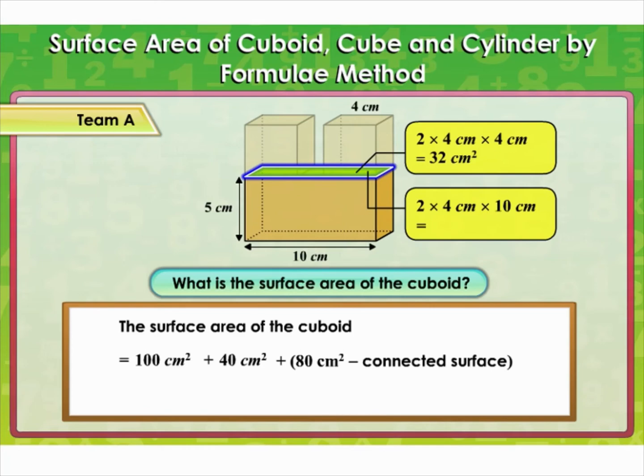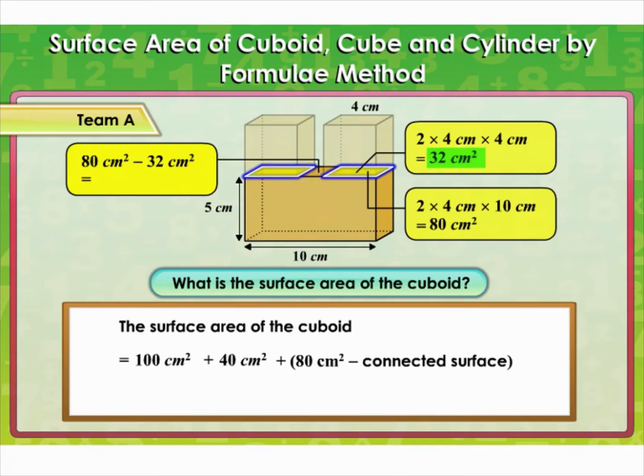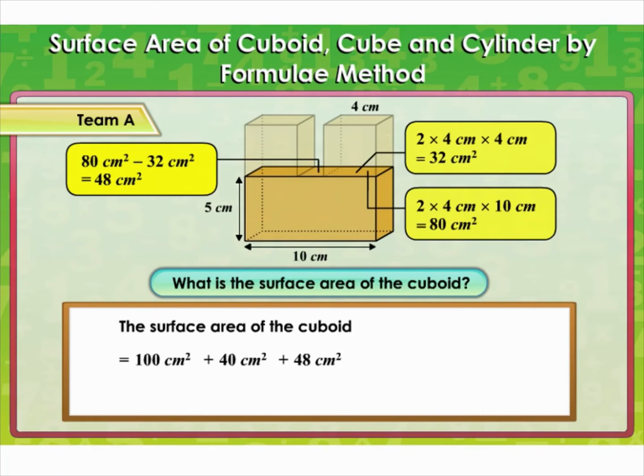So, the surface area of 2 times 4 centimeters by 10 centimeters is 80 square centimeters. 80 square centimeters minus the connected surface 32 square centimeters gives 48 square centimeters. Now total up and we get the surface area of the cuboid. Therefore, the surface area of the cuboid is 188 square centimeters.